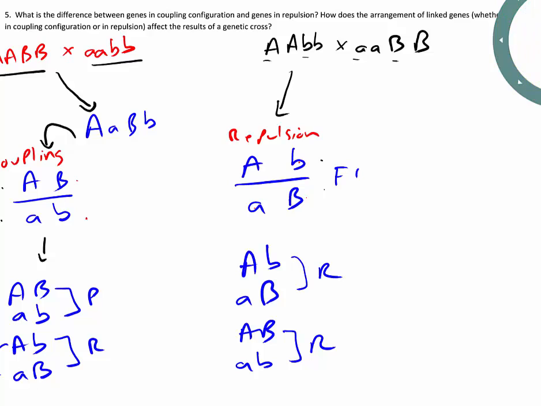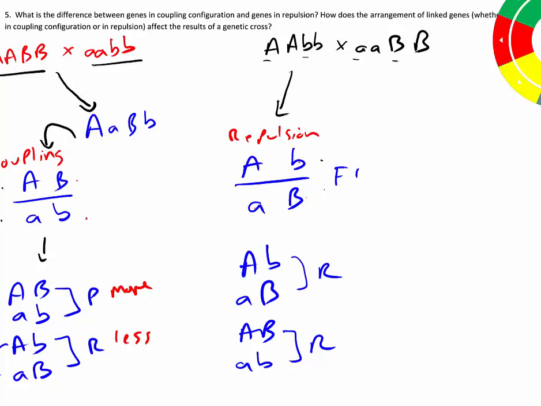And how does whether they're coupling or repulsion affect the genetic cross? It affects the number of gametes you get. And if the genes are linked, then you'll always get more of these.